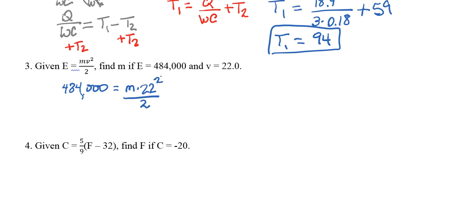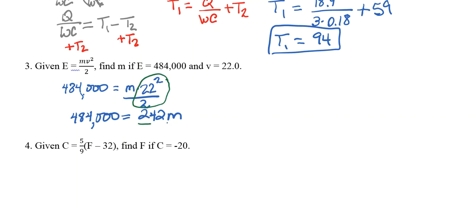I'm actually going to go ahead and just simplify this right hand side here. So I'm going to go 22 squared and divide that by 2. So I have 484,000 equals 242m. So all I did was combine this and do the math.